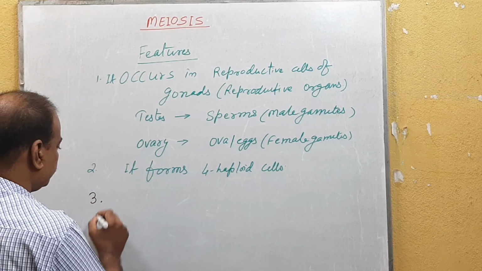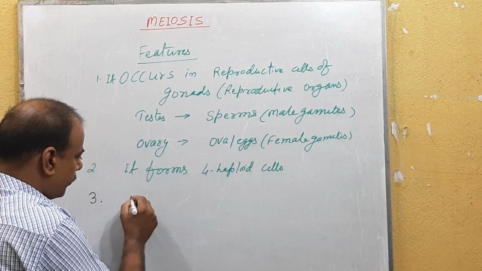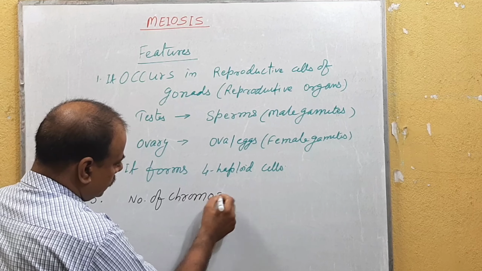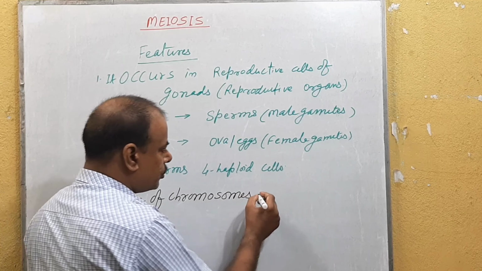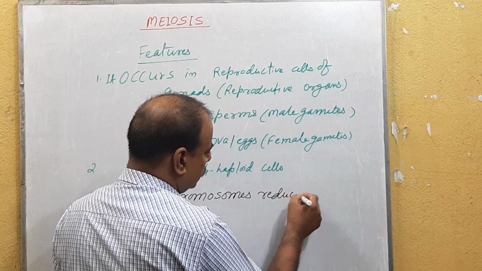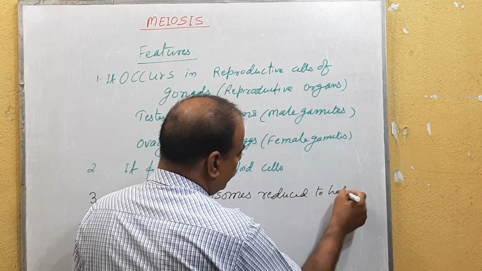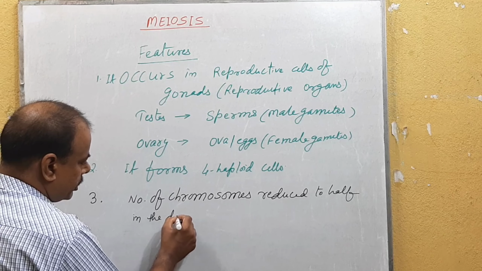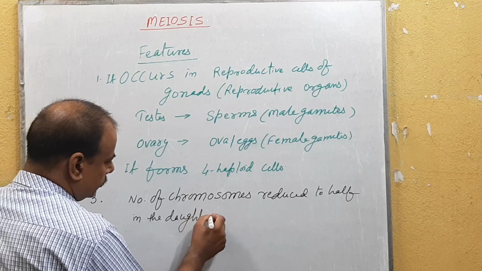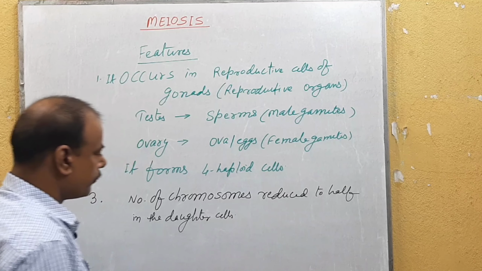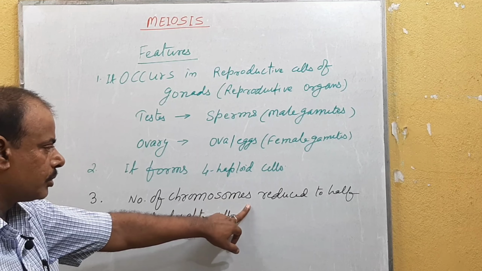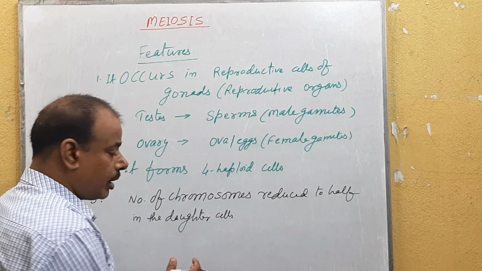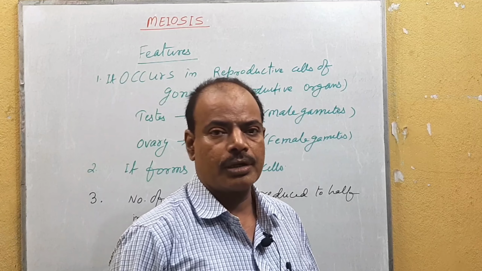Number 3, number of chromosomes is reduced to half in the daughter cells. It helps in retaining the normal number of chromosomes.